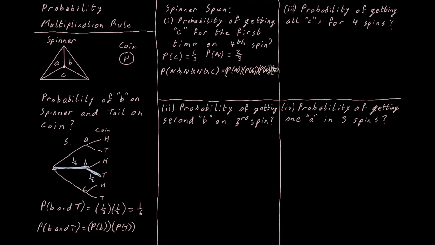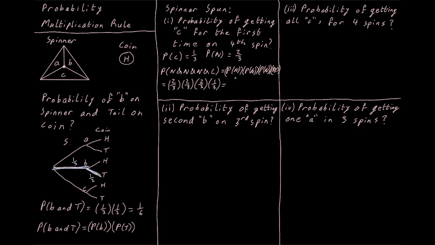That all gets a little bit cramped. But we know that this argument should work. So 2/3 of the time I'm going to not get a C, and then 2/3 of that time I'm going to not get a C, and 2/3 of that time I'm not going to get a C, and then I want to get a C. So that's my situation written out with my fractions, and I just multiply everything together.